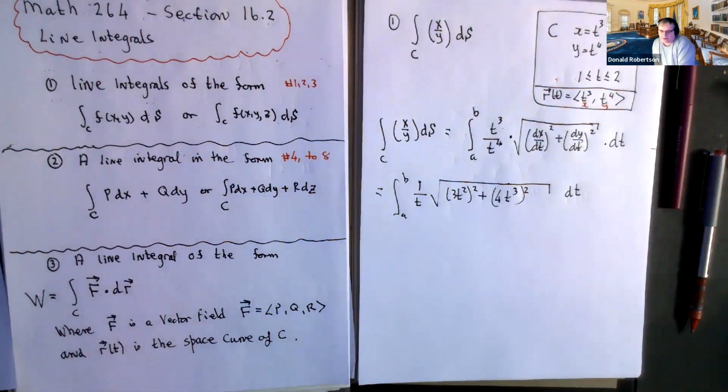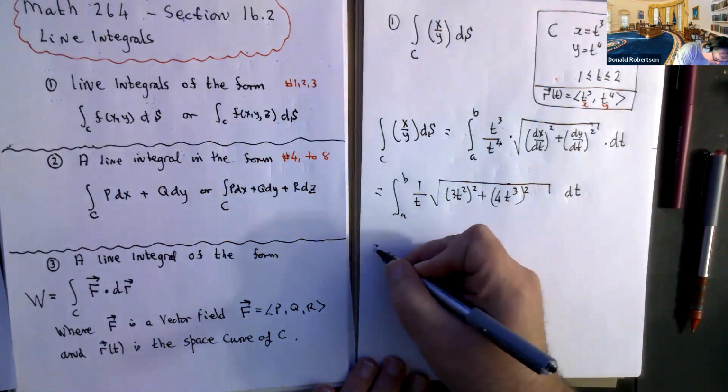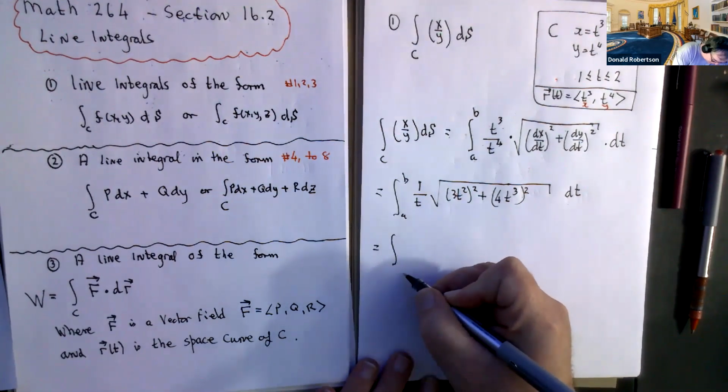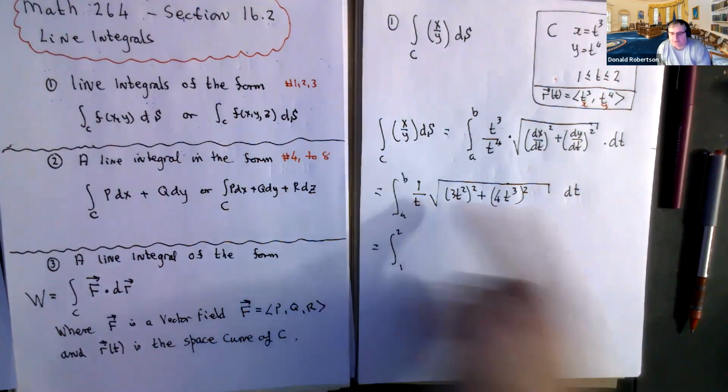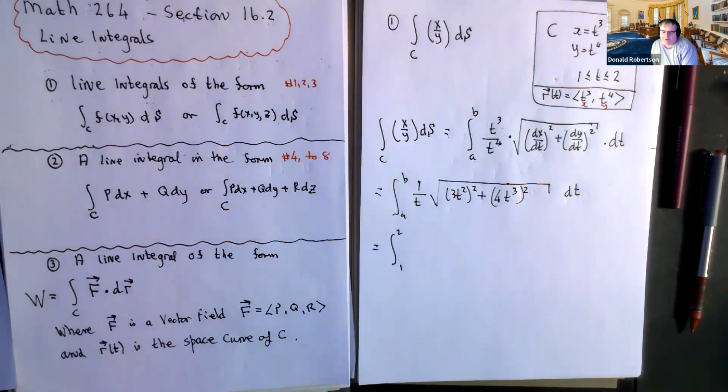Can you see the integral is now nothing but a Calc 2 integral in terms of t? I'll put 1 and 2 in because that's a and b. The rest of the work is to make this pretty, for style points, so that hopefully it turns into something we can integrate.